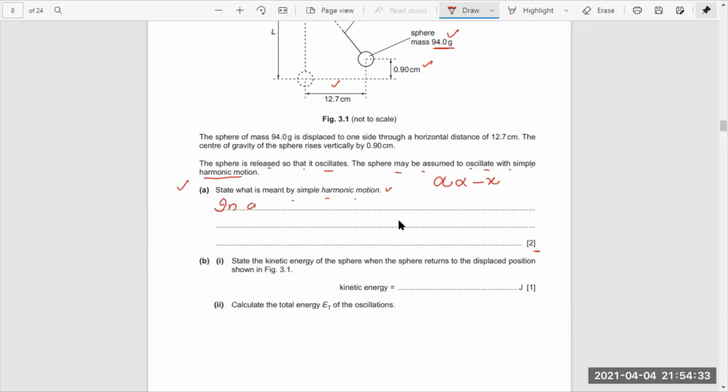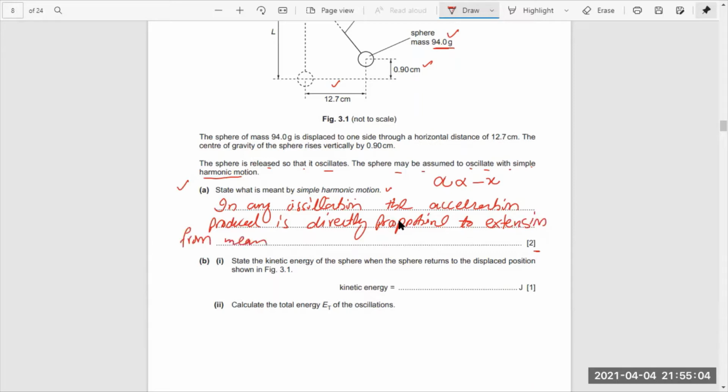If in any oscillation the acceleration produced is directly proportional to the extension from mean position and is directed towards the mean position as well, it is called simple harmonic motion.